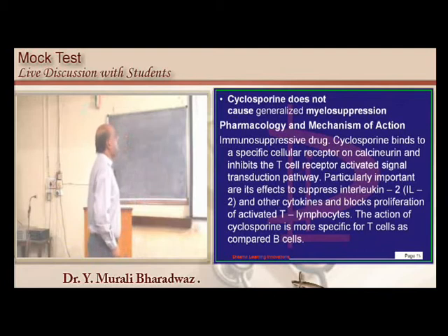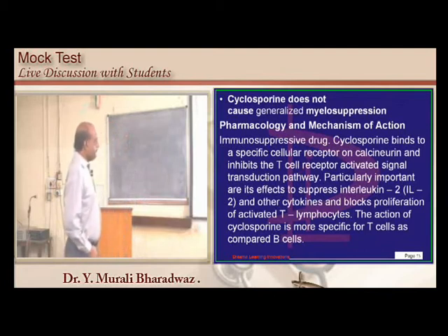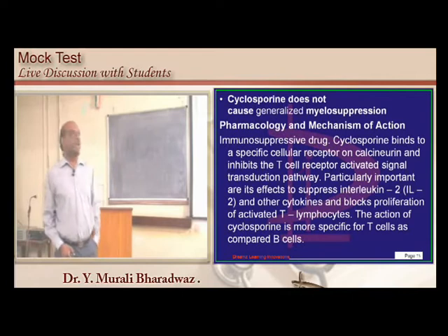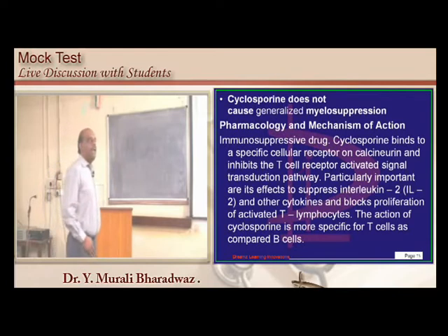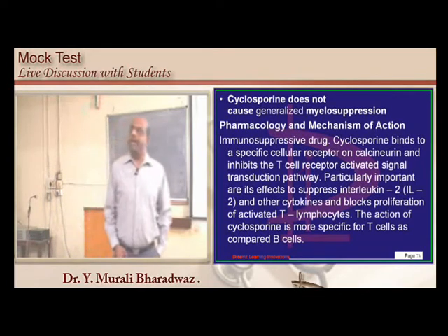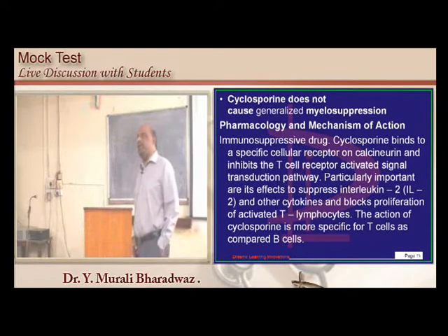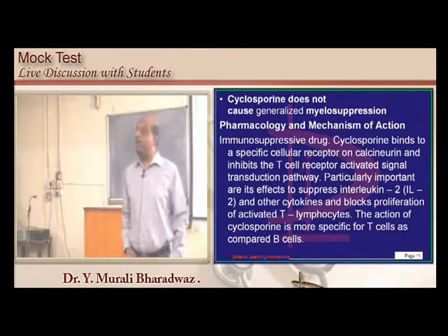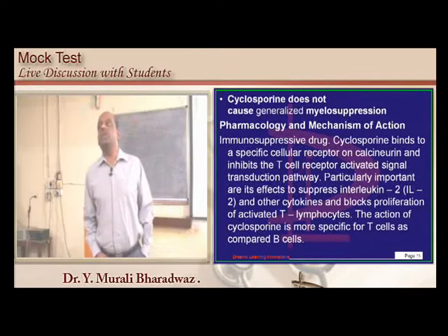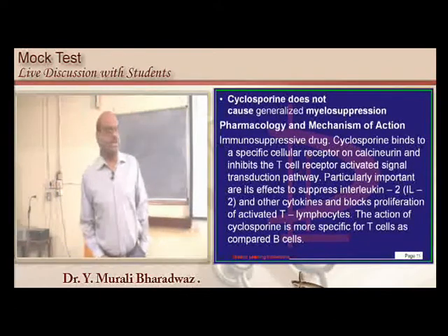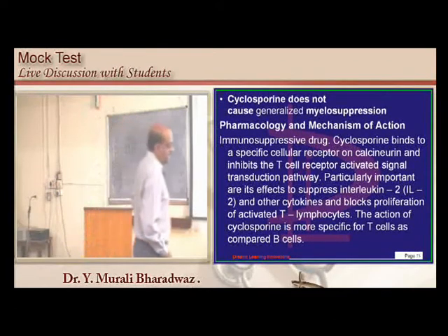Calcineurin inhibitor. Fundamentally, it binds with calcineurin and inhibits the T cell receptor activated signal transduction pathway. And cyclosporine, unlike sirolimus, mycophenolate mofetil or any other immunosuppressive agent which lead to myelosuppression, does not lead to myelosuppression, which is an exception about it.